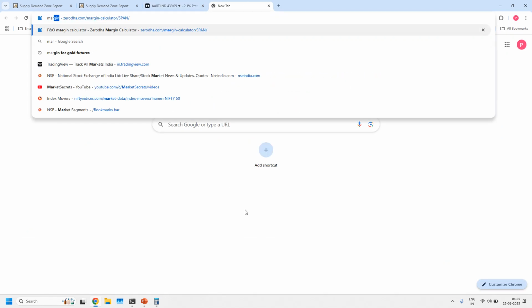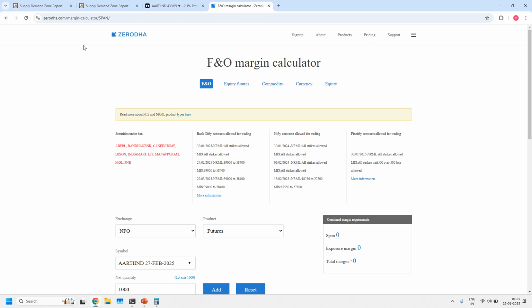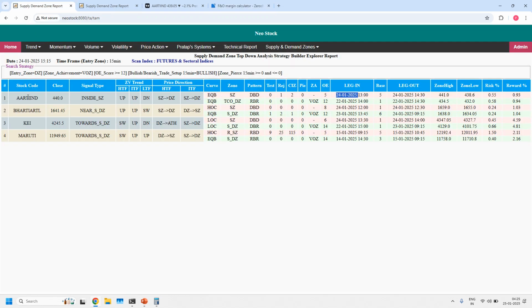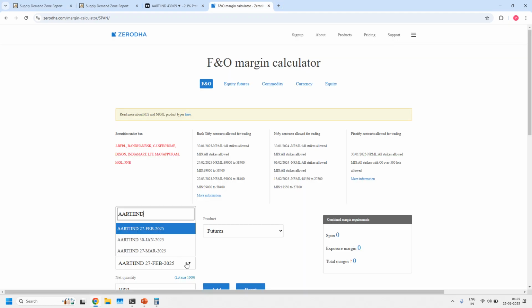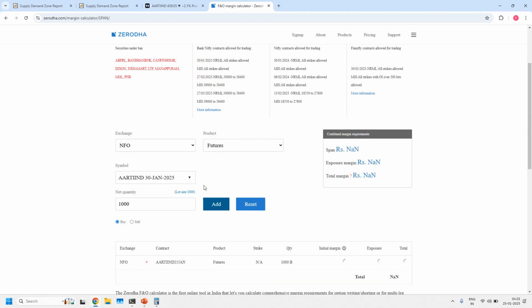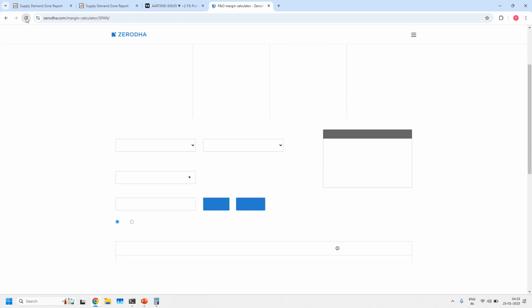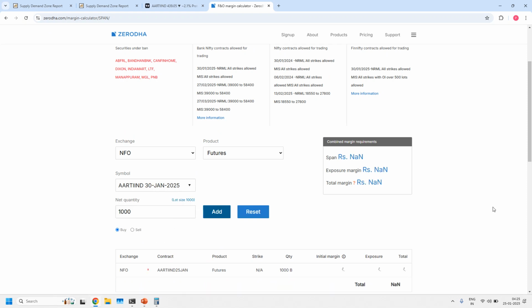So let's go to the margin calculator, and our stock is RT Industries. Let's add. Now they are not showing, but anyway, maybe this is midnight. I think they don't show the data. Let me try again. They are not showing. What do I do?